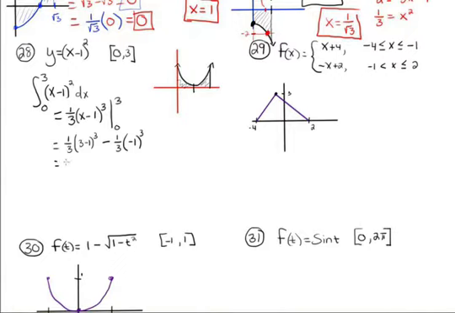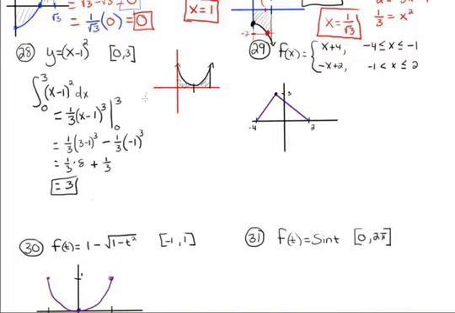So I get 1/3 of, let's say, 2 cubed, so that's 8, minus, but it'll turn into plus, 1/3. So I get 8/3 plus 1/3 is 9/3. Looks like the net area is 3.